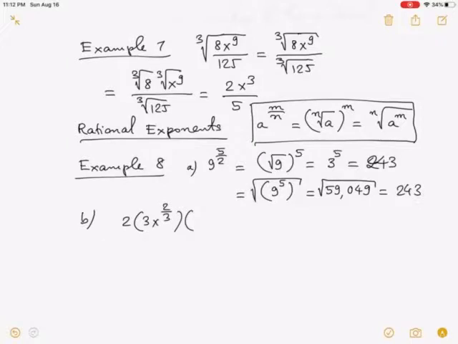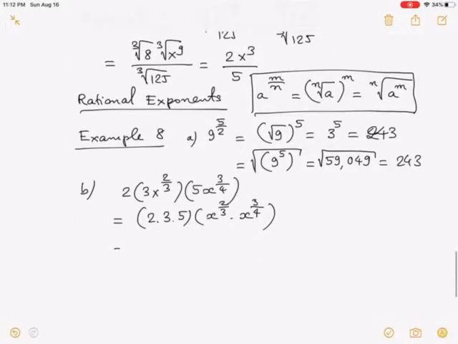2 times 3x to the power 2 over 3, times 5x to the power 3 over 4. We could write as 2 times 3 times 5, and x to the power 2 over 3 times x to the power 3 over 4.